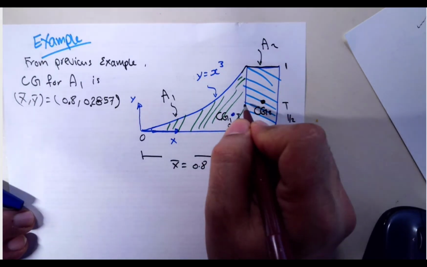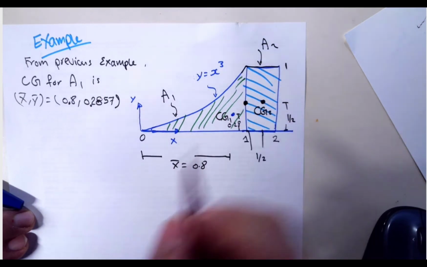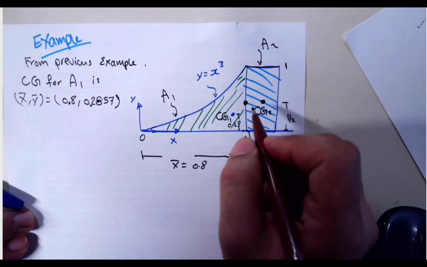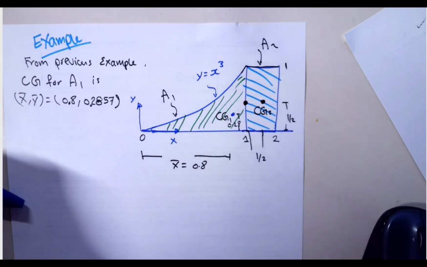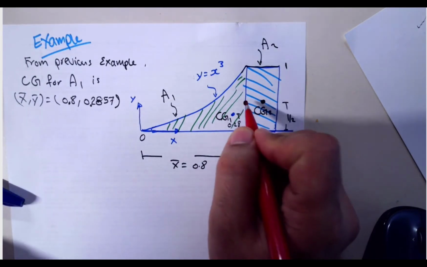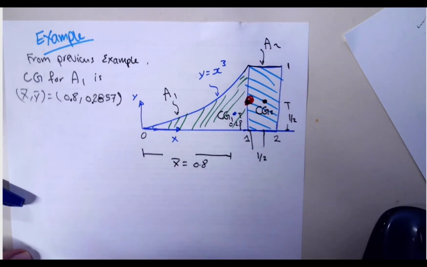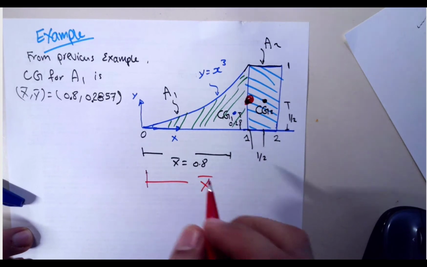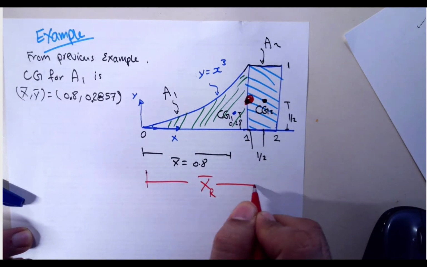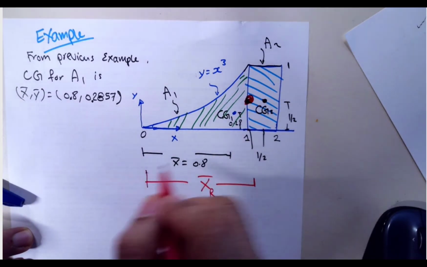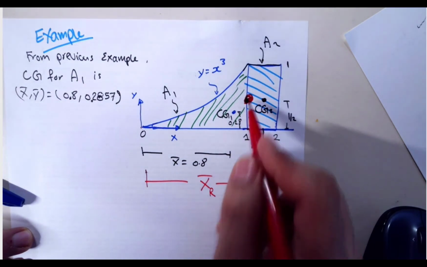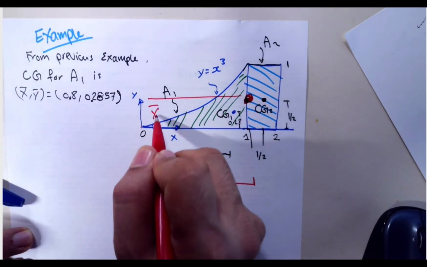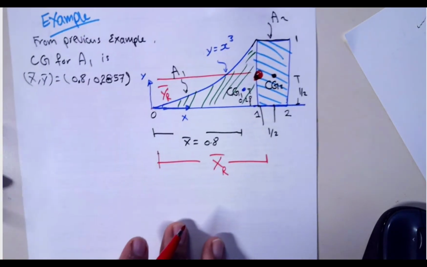Well, let's assume first this center of gravity is located somewhere here, not necessarily here, let's say somewhere arbitrary here, where x bar resultant is unknown from 0 to that point, and also y bar resultant is unknown, right?